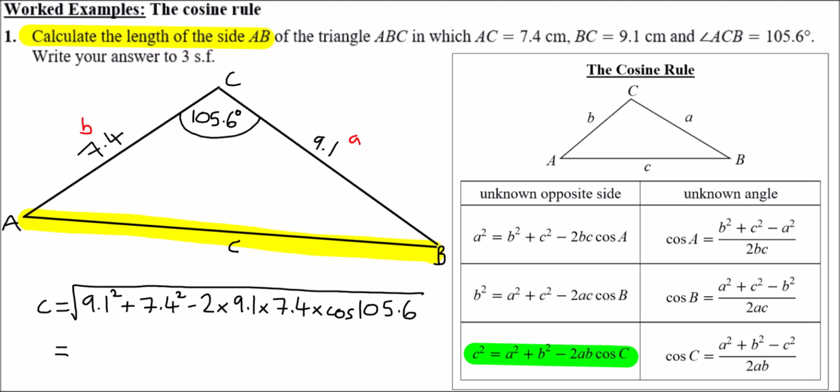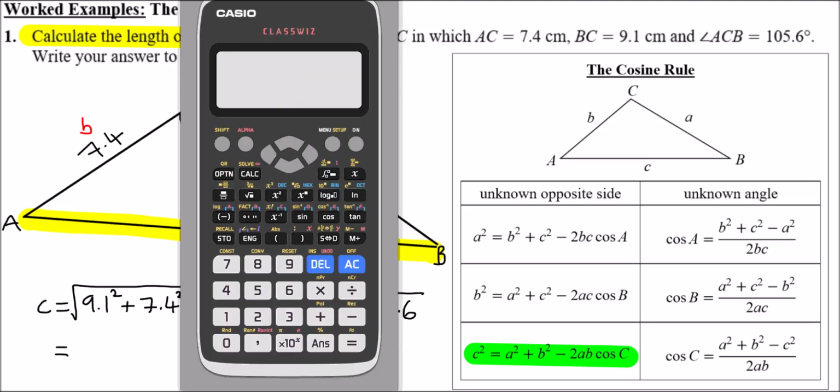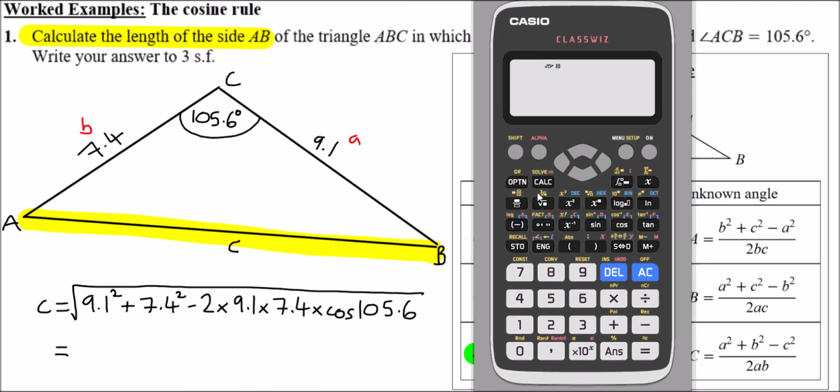So let's get the calculator out, type this in. It's going to be the square root of 9.1 squared plus 7.4 squared minus 2 times 9.1 times 7.4 times cos of 105.6.